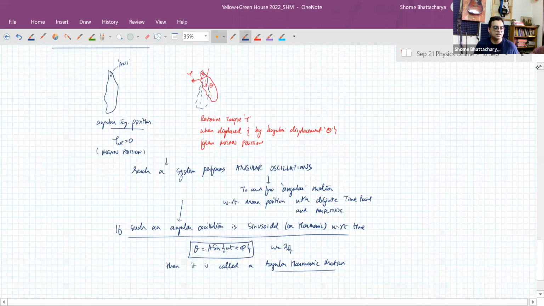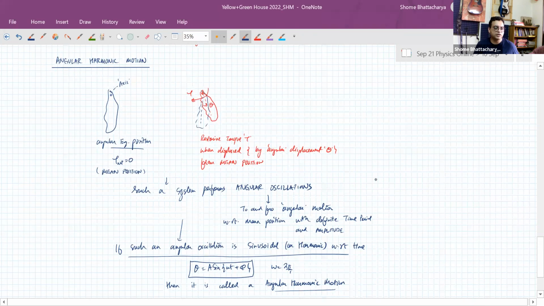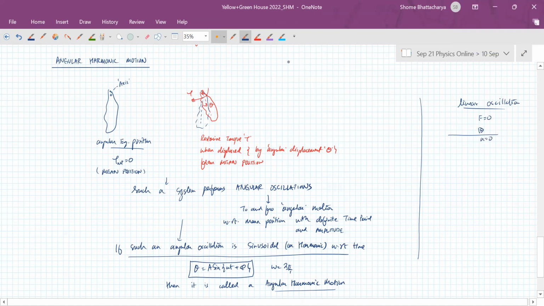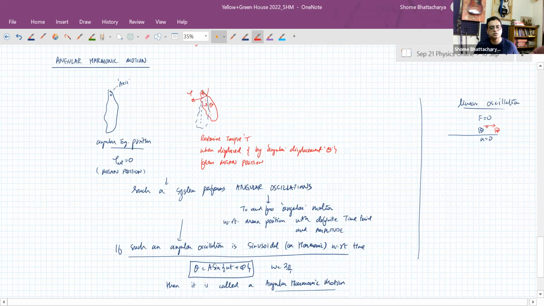Now, from this, we will see the condition for angular harmonic motion in the same way like we had seen. So basically, like we had seen in linear motion, for linear oscillation, the condition is that there should be a mean position where net force is zero. And when we displace on either side with respect to the mean position, there should be restorative force.